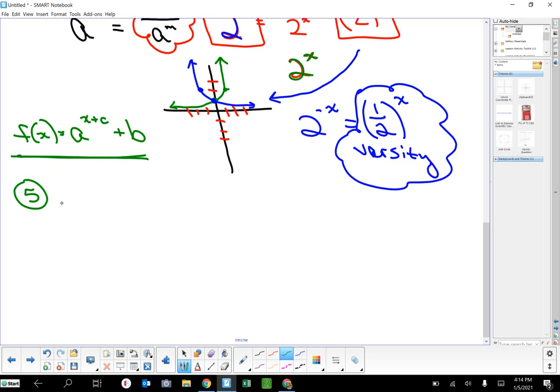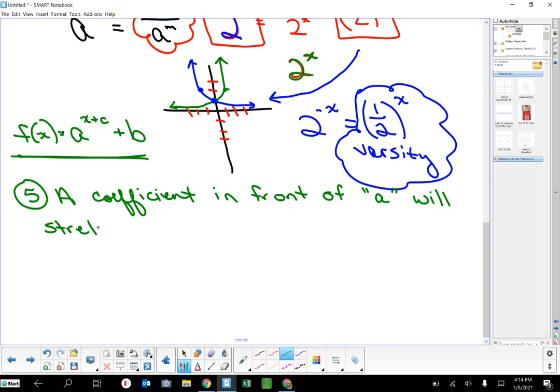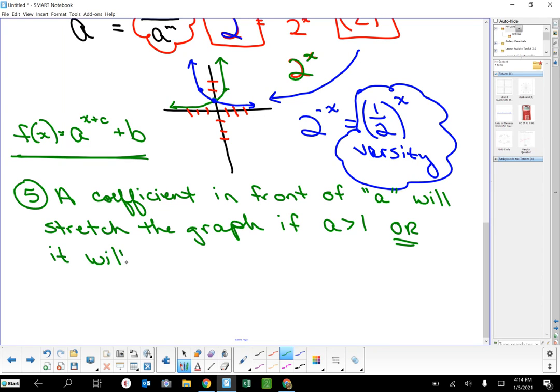A coefficient, remember that's a number in front of a, will do one of two things. It will stretch the graph if a is greater than 1, or it will compress the graph if a is less than 1.